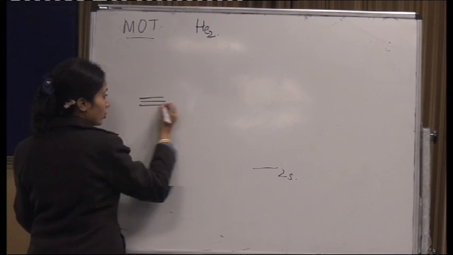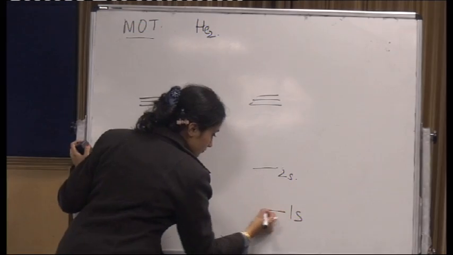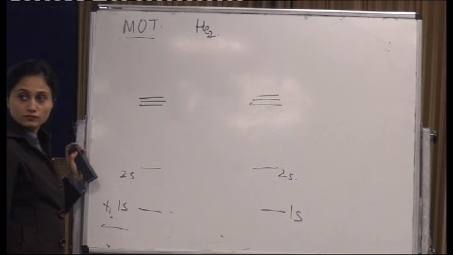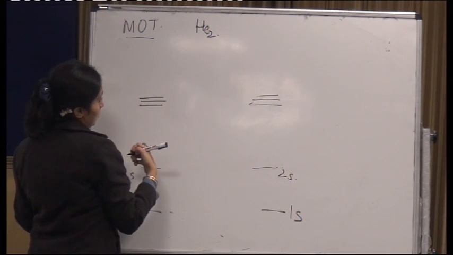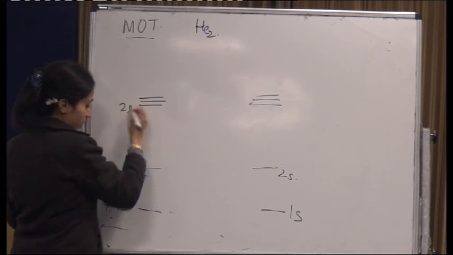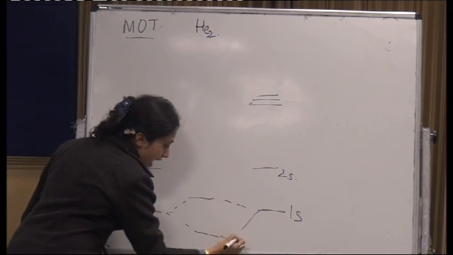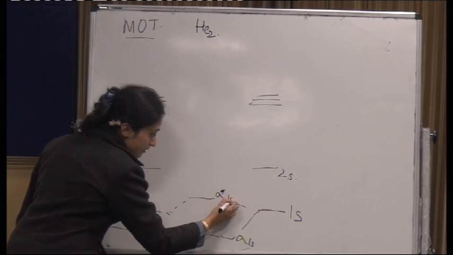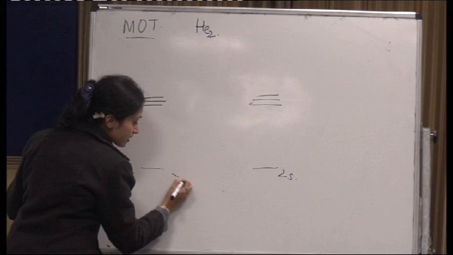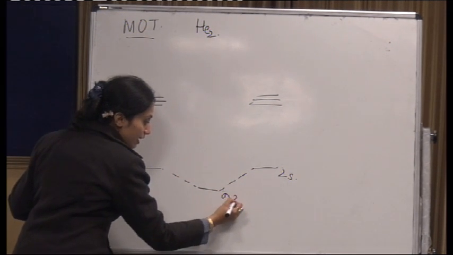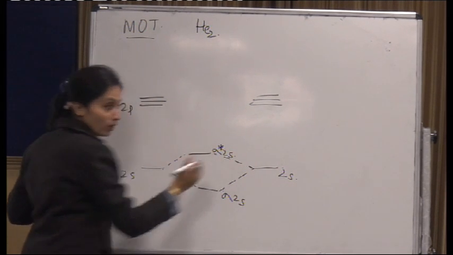Now in this case you have 1s, 2s and 2p. 1s and 1s will form sigma 1s and sigma star 1s. Alright, this is the one which is lower in energy, so I had drawn it lower. Then 2s will form sigma 2s and sigma star 2s. I want each one of you to look onto the board.